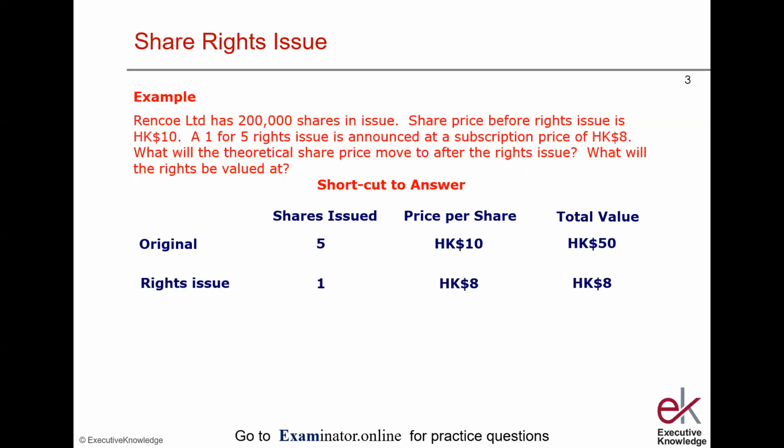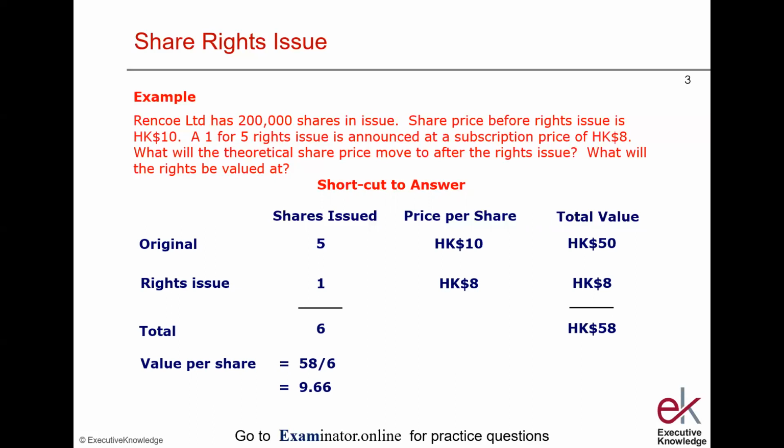The rights issue, I receive 1 more share, and the price is $8. That gives me total value of the 1 extra share, $8. I add them up. So the shares issued are now 6 that I hold, and the total value is $58. So it's simply a case of dividing 58 by 6 and getting the value per share of $9.66. And that could be the answer to the question.